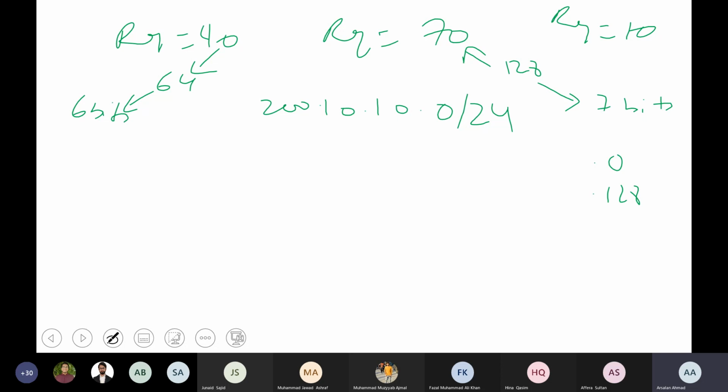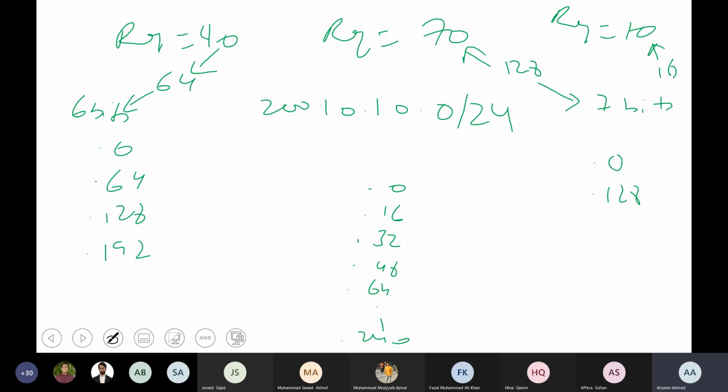Now 64 is divisible by 0, 64, 128 or 192. On the other hand, this 10 means you will require 16 and 4 bits of suffix, which is divisible by 0, 16, 32, 48, 64, and so on up until 240.